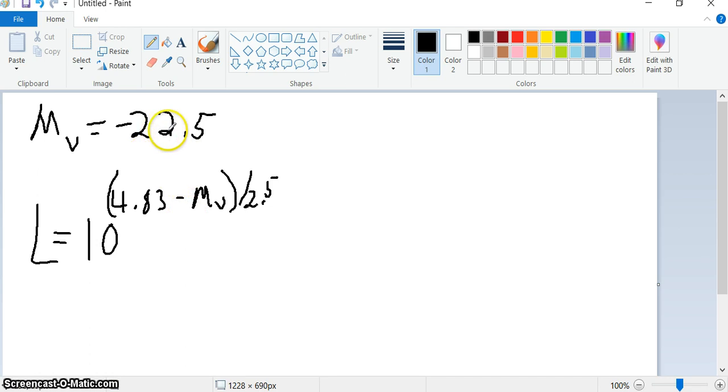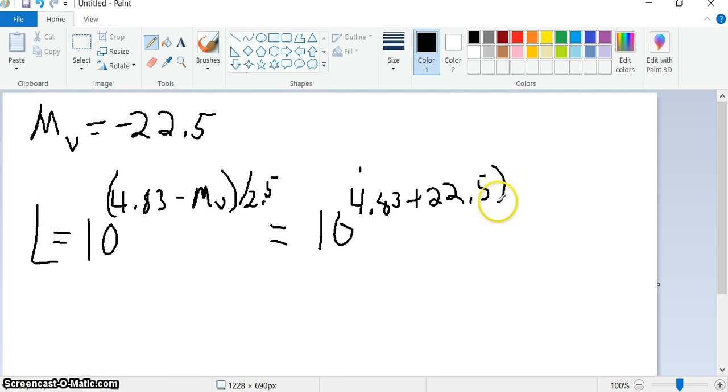We have to use this 4.83, and we're going to subtract the absolute magnitude of this. What is this thing? Is it a supernova? It's got to be a supernova. Anyhow, this is going to equal 10 to the, 4.83 minus a negative 22.5, so it becomes plus 22.5, and that whole thing is divided by 2.5.